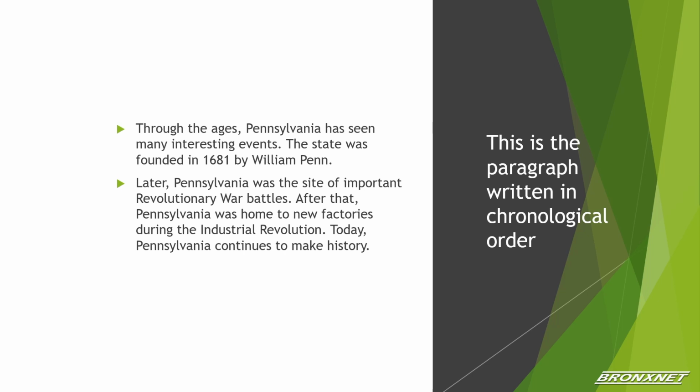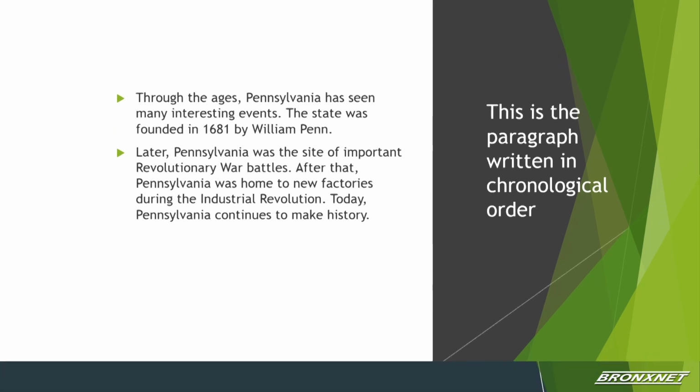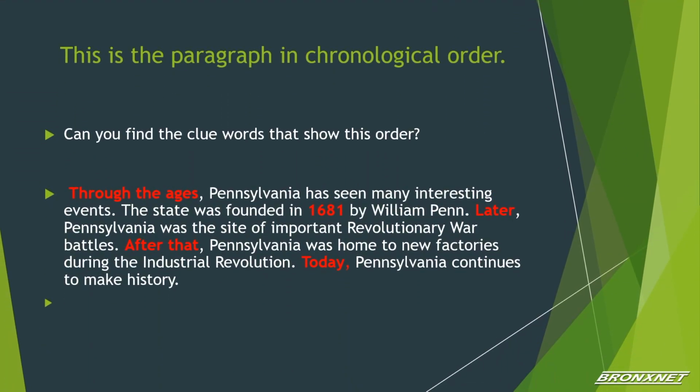Today, Pennsylvania continues to make history. Now, if this is a paragraph written in chronological order, can you find the clues that show this order? Correct. These are the clues: through the ages, 1681, later, after that, and today.